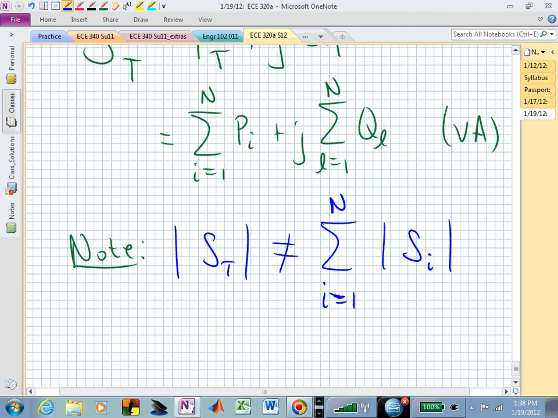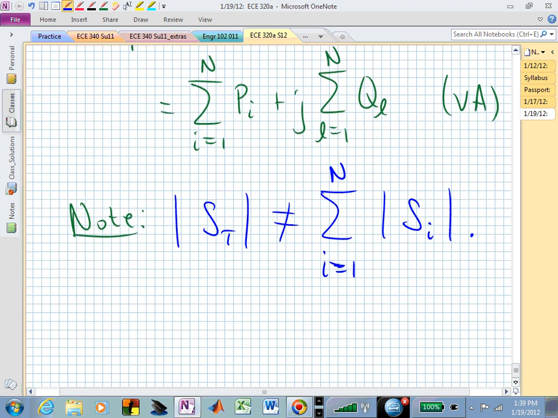We're doing this vectorially. We can't add up the individual apparent powers and end up with the total complex apparent power. That makes sense? Just draw some vectors with a P and a Q, another P and a Q, and see if you get the same answer if you simply started adding up their hypotenuses without doing it vectorially.